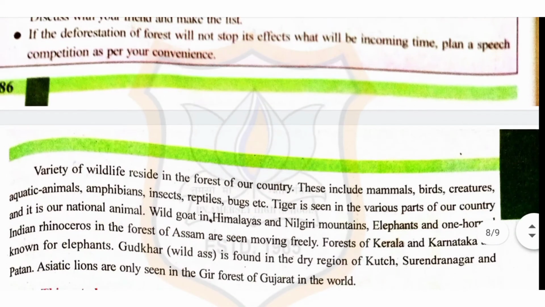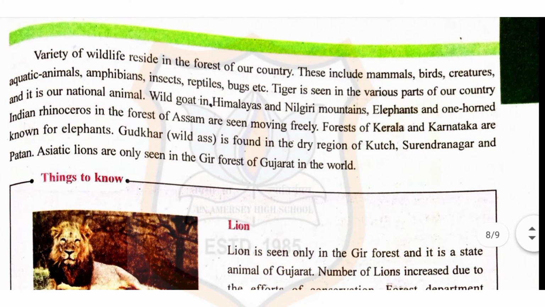Now, a variety of wildlife resides in the forest of our country. This includes mammals, birds, creatures, aquatic animals, amphibians, insects, reptiles, bugs, etc. Tiger is seen in the various parts of our country and it is our national animal.